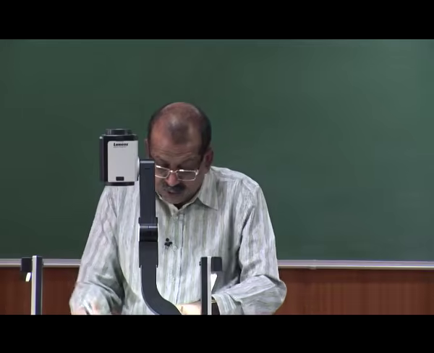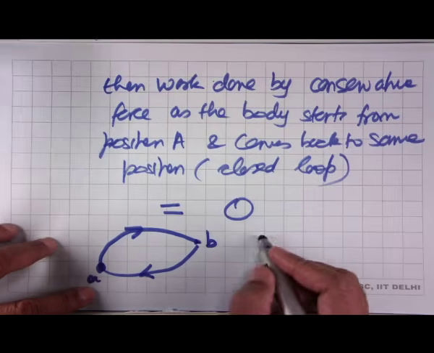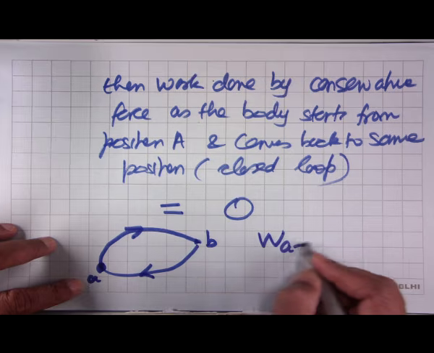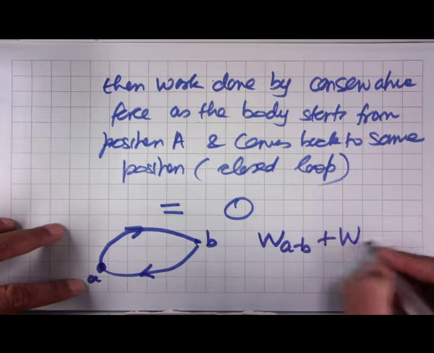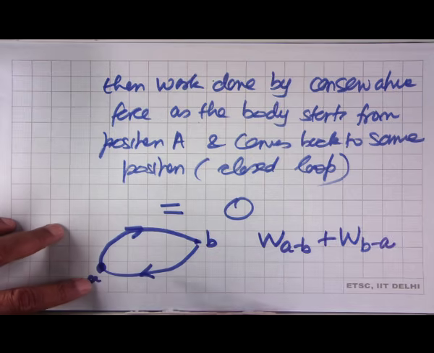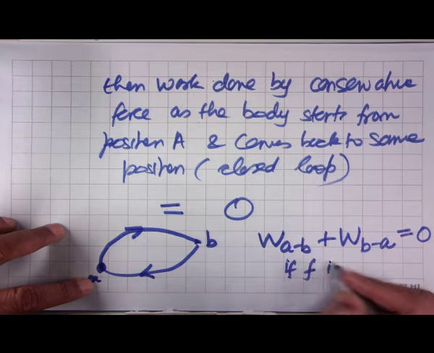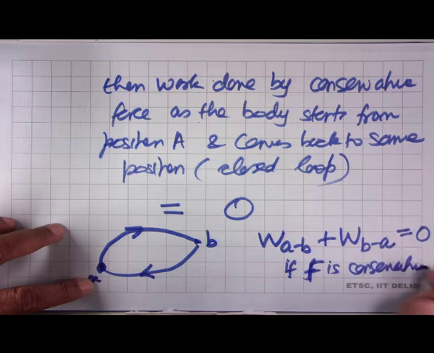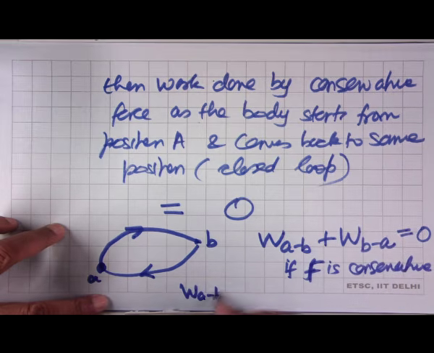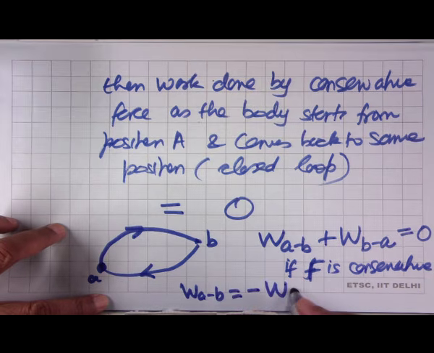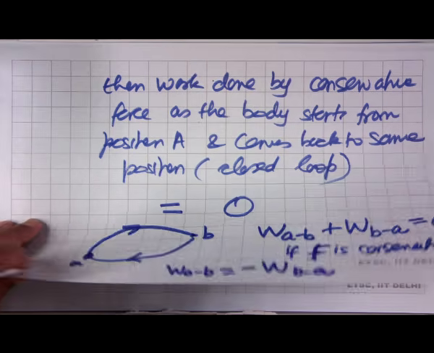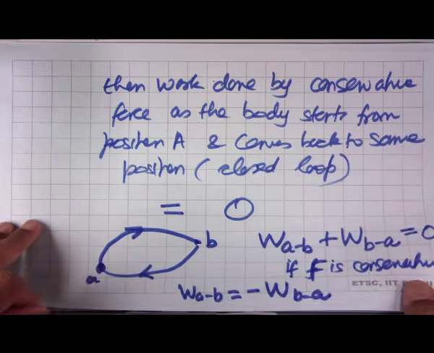So, work done from A to B plus the work done from B to A is equal to 0 if F is conservative. And what this tells you is, work done from A to B is equal to minus the work done from B to A for a conservative force.